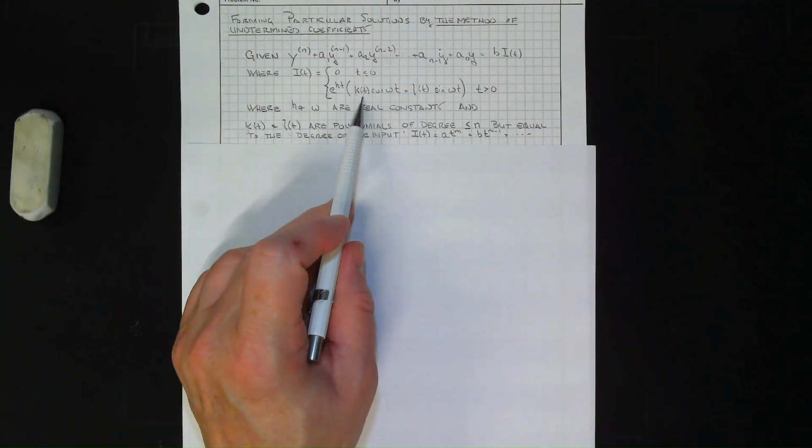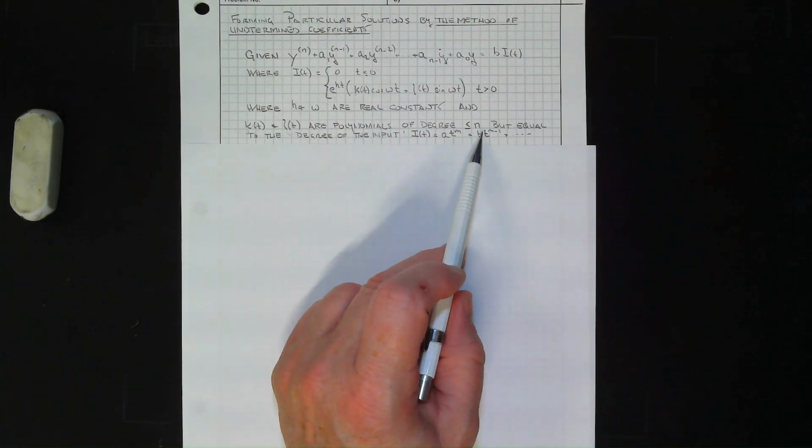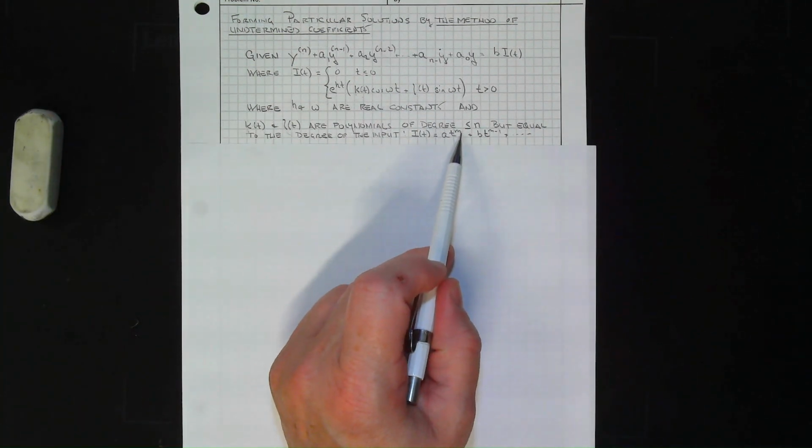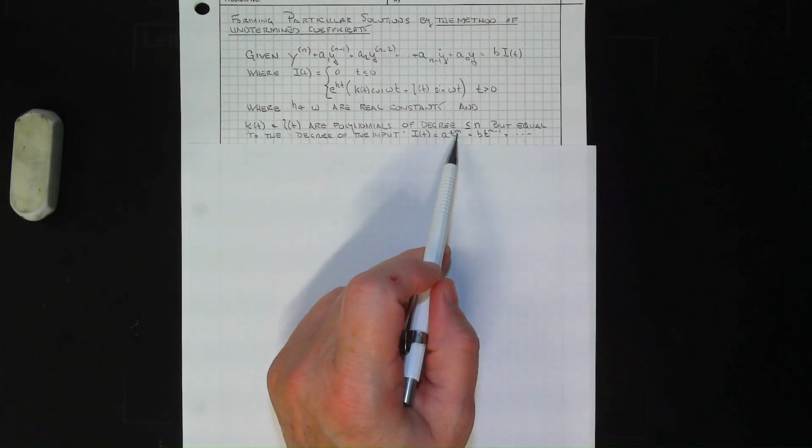Then we have these polynomials. When you check these, they have to be of degree less than or equal to n, our n right here, and equal to the degree of the input. So I can have an input a t to the m, and that's fine as long as this m is less than or equal to the order of the derivative.